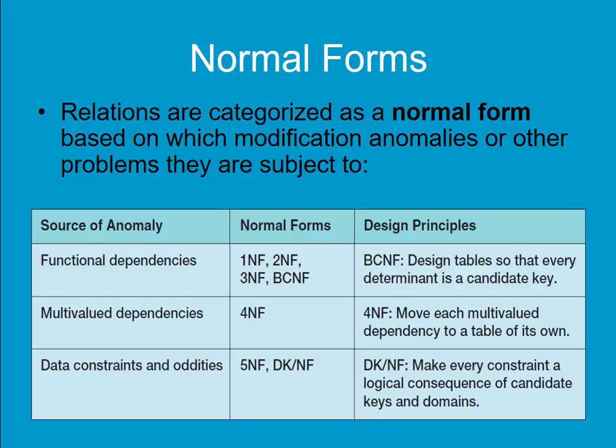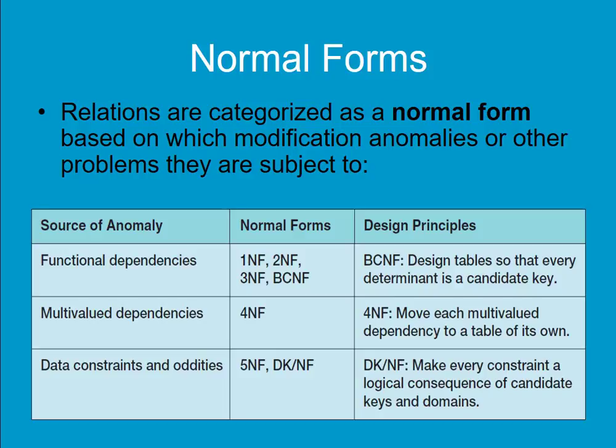An anomaly is just an undesirable consequence of data modification in which 2 or more different themes are entered in a single row, or 2 or more themes are lost if the row is deleted. And if the row is deleted, we call this a deletion anomaly. If it is 2 or more different themes are entered in a single row and it shouldn't be, we call this an insertion anomaly. We want to make sure to avoid multi-valued dependencies.